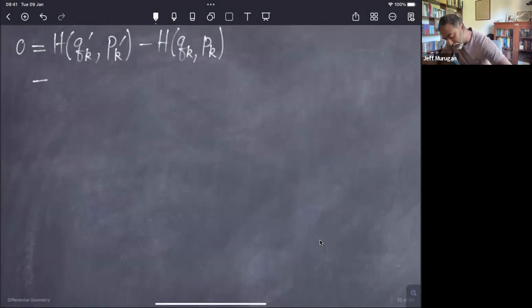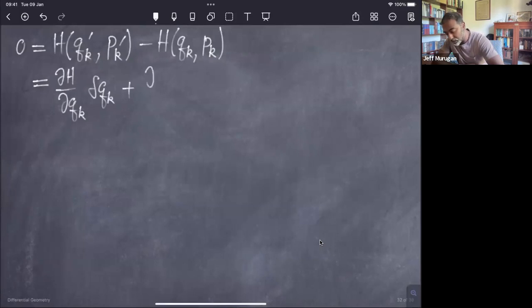But I also know that the chain rule applies to H, and I can ask what is H of the primed variables in terms of the unprimed variables, and this is just dH by dqk delta qk plus dH by dpk delta pk.